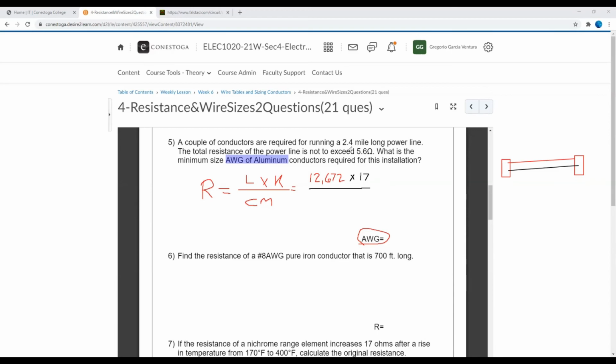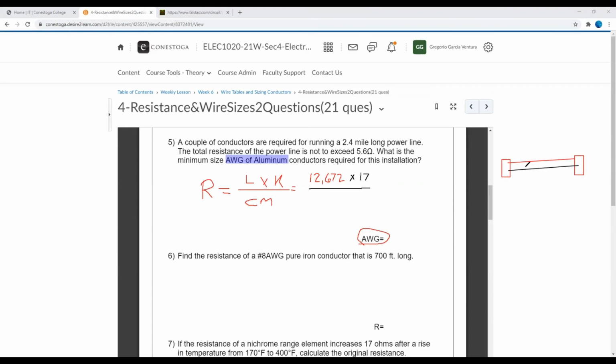Now, keep in mind that if we have 5.6 ohms of resistance and a current flow through that wire of 100 amps, then we are losing already 560 volts drop on the line. So I'm going to make the assumption that it's going to be 5.6 ohms for both conductors, per the line.